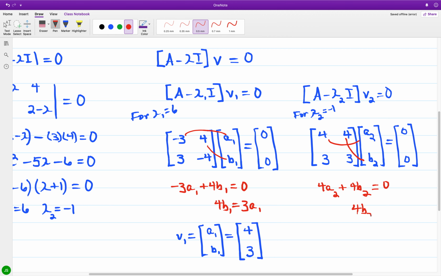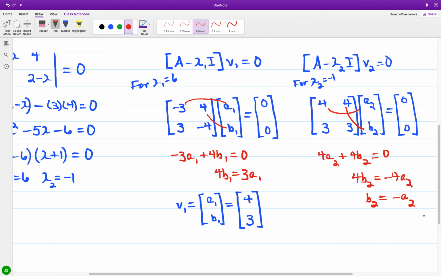So we have 4 times B of 2 is equal to -4 times A of 2. And I can just lower this, saying that there is an additive inverse relation between A of 2 and B of 2.